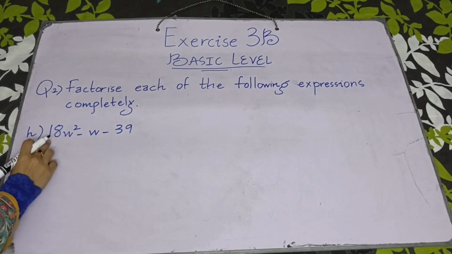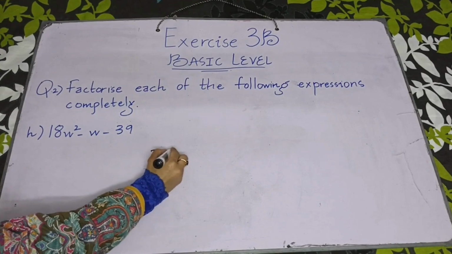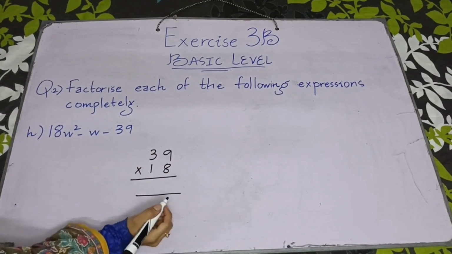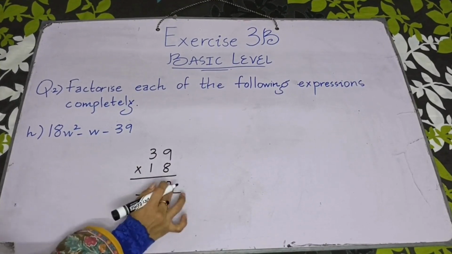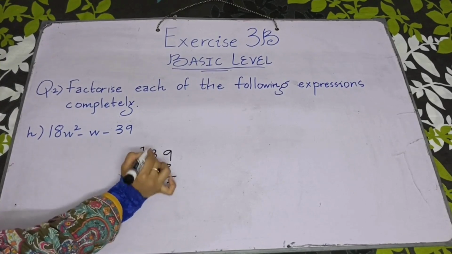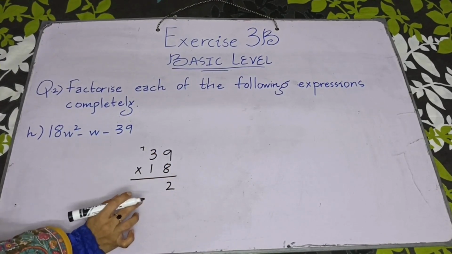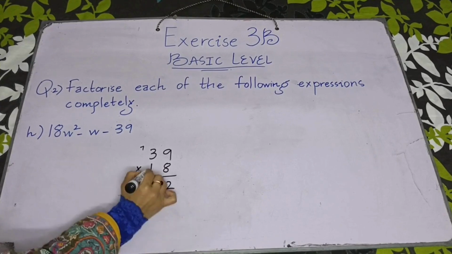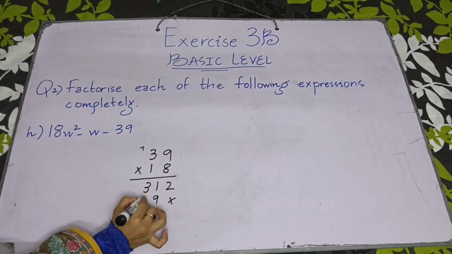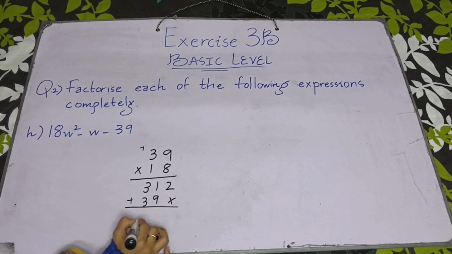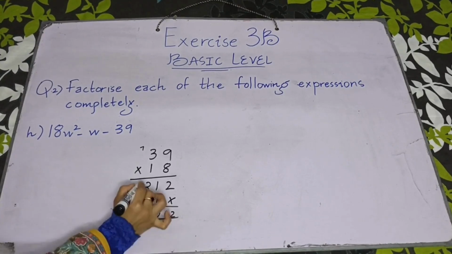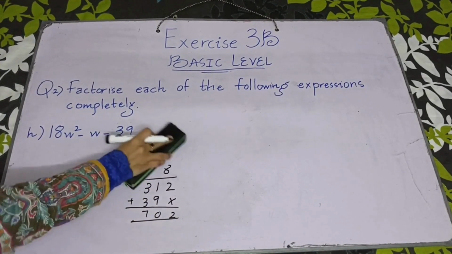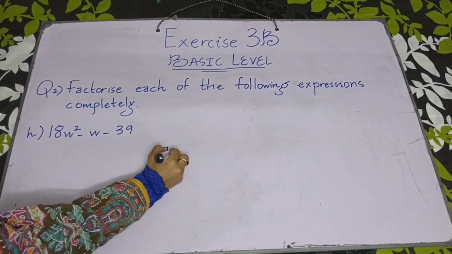I will multiply first with last. 39 multiply with 18. 8 times 9 is 72. 8 times 3 is 24. 24 plus 7, 31. 1 times 9 is 9. 1 times 3 is 3. 9 plus 1, 10. 6 and 7. So we get 702. A very big number.